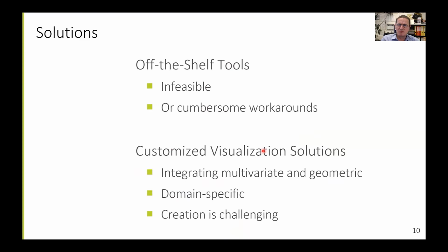But you can go for customized visualization solutions, which integrate this multivariate and the geometric data. There are many cases that are domain specific, so you need close interaction with the domain experts, and the creation can be challenging because you have to generate the software by yourself, and that can take quite a long time.